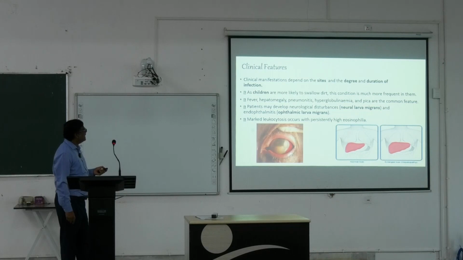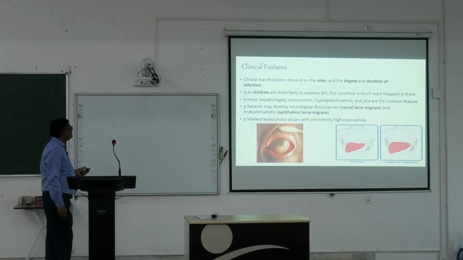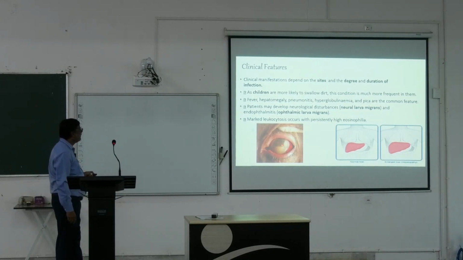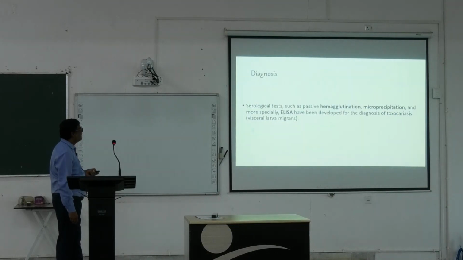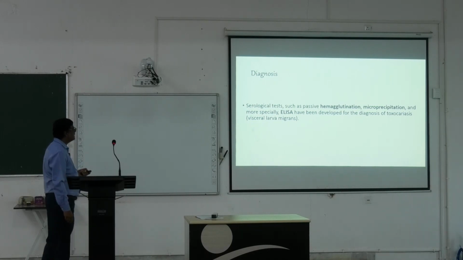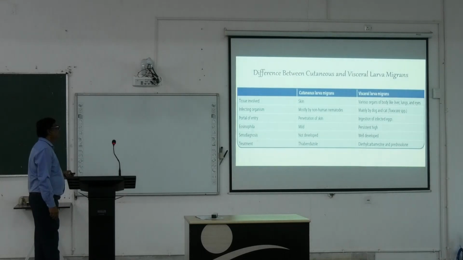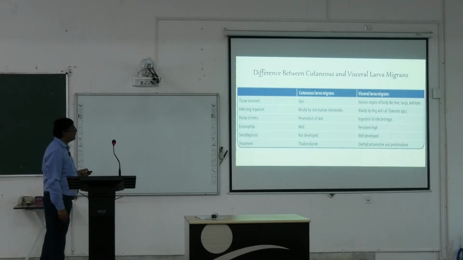The clinical features are like this: the sites involved, the eye, this is the lesion, this is the lesion. Ophthalmic larva migrants. Serological tests such as passive hemagglutination test and microprecipitation test and ELISA tests are there. Difference between cutaneous and visceral larva migrants.